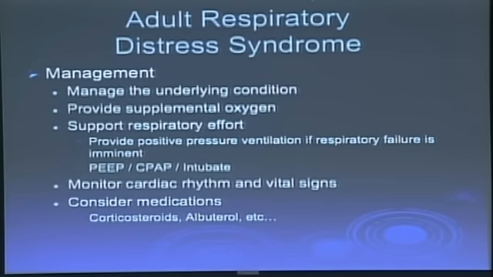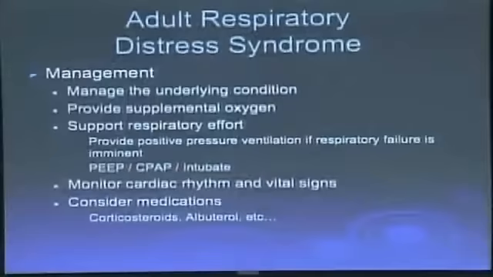How do we manage the adult respiratory distress syndrome? Okay, your underlying condition first. So if the patient has, for example, toxic gas exposure, closed fire, upper airway problems, as well as lower airway, developing the respiratory distress syndrome, you're going to manage that upper airway first.